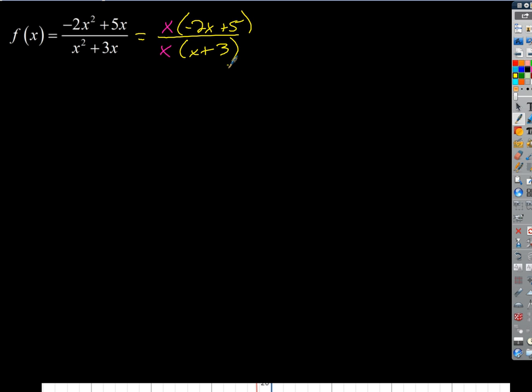Okay, x cannot equal 0. And what else? Cannot equal -3. Okay, I want to know, Ruby, what's going on at 0? It's excluded from the domain because it's a 0 of the denominator, right?